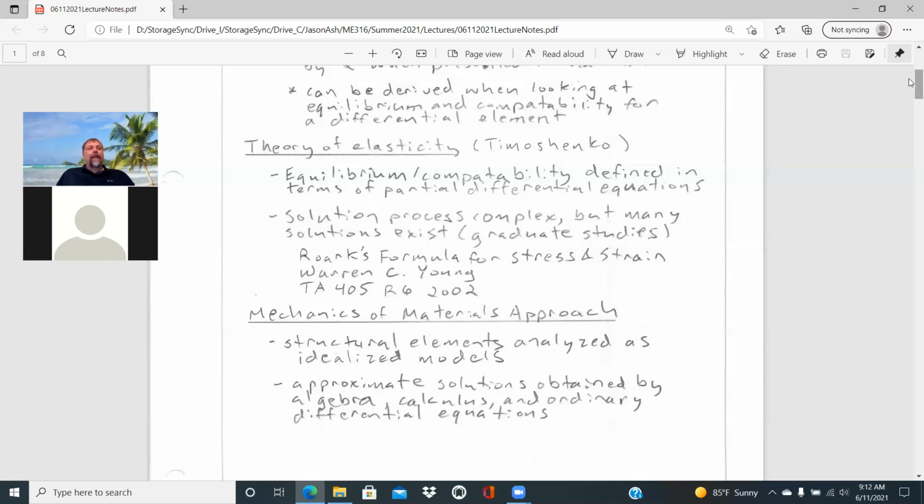And so with your finite element analysis, you really need to have some way to verify those results are accurate. And you can do that experimentally to measure that. You can also compare it back to a mechanics of materials approximate solution or theory of elasticity solution. So always take that into consideration for those of you that do stress analysis in the future.